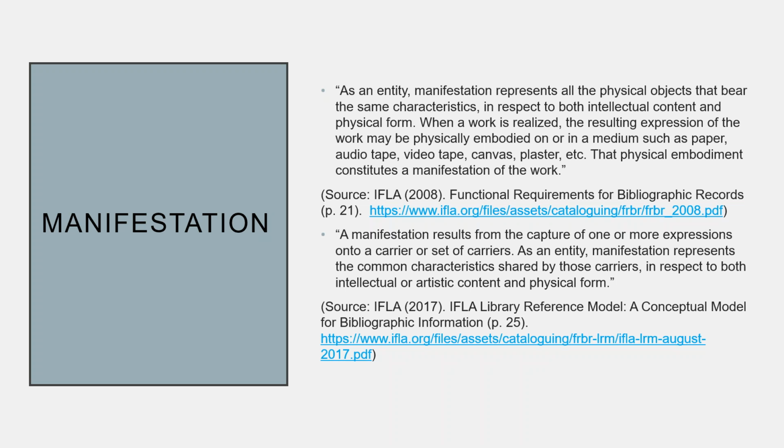In my opinion, this definition has changed the most. The 2008 definition has an entity representing physical objects, while the 2017 definition has a manifestation resulting from the capture of one or more expressions and then representing common characteristics, as well as just talking a lot about carriers.